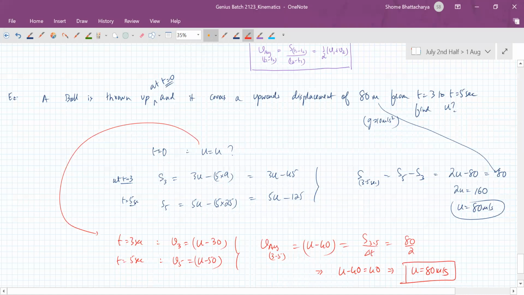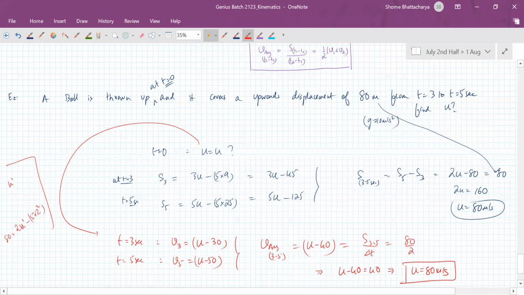Okay. So it's like this. You're taking the velocity after 3 seconds to be u dash, right? Yes, sir. So then what is the 80 meters? It is the displacement in the next 2 seconds, no? Yes, sir. So then 80 should be equal to 2u dash minus 5 into 2 squared, because it's upwards only, no?